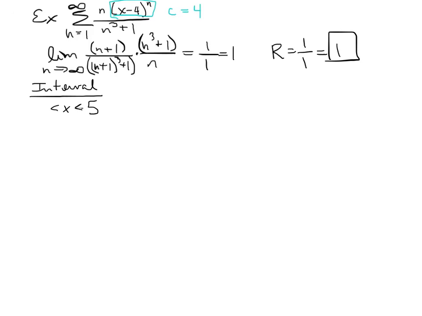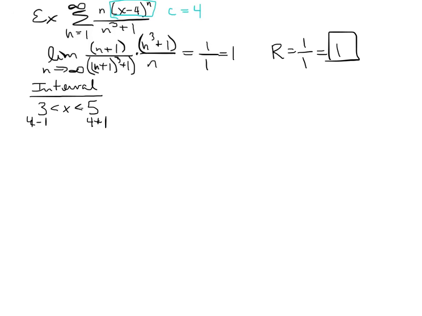And then the center minus the radius would be 3. So 5 came from center plus radius, and 3 came from the center minus the radius, 4 minus 1. All right, so here's my interval to start. And now I have to check those endpoints again.